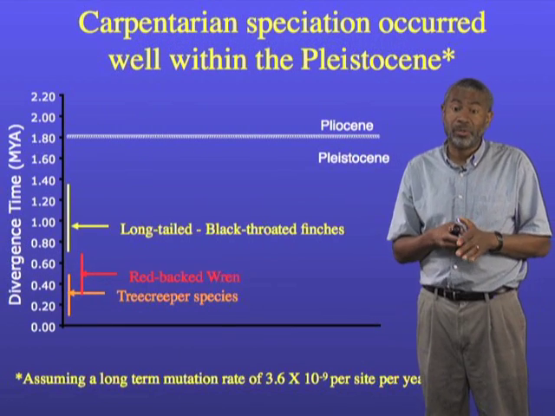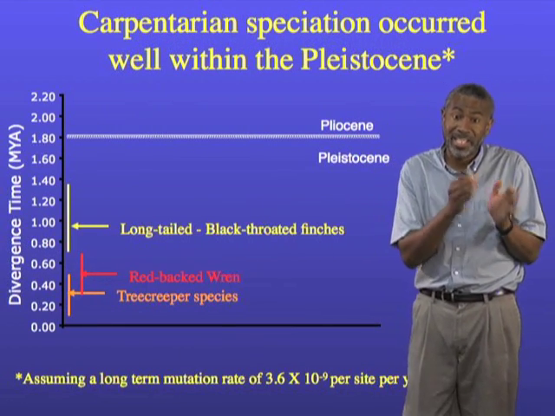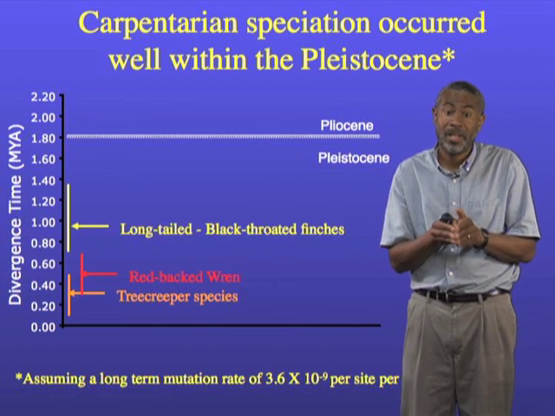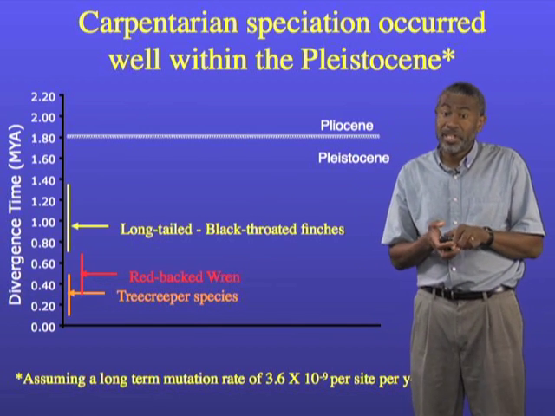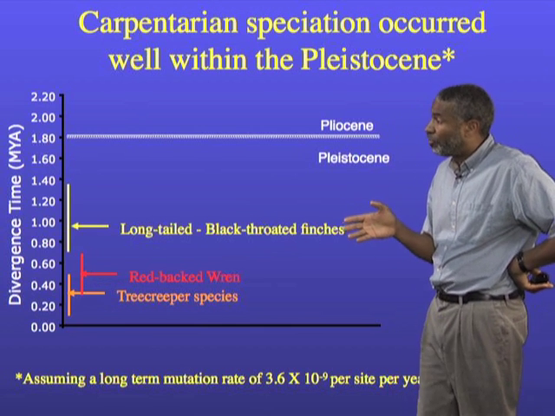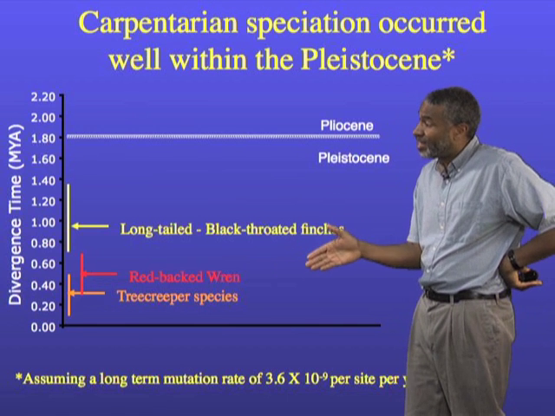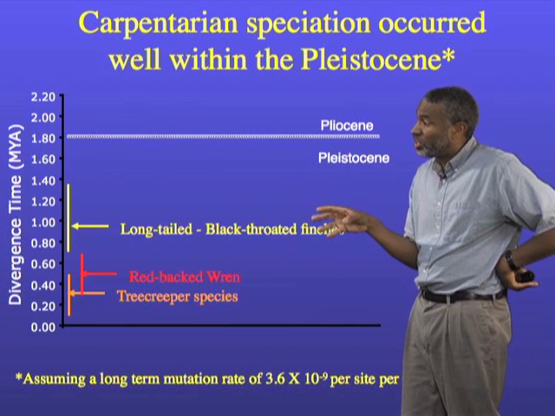So now what we're going to do is talk about the population divergence times on the east and west side of the barrier. Now, the intriguing thing about these results is that the divergence time estimated for, for example, the Treecreepers here is actually less than, it's about 300,000 years.